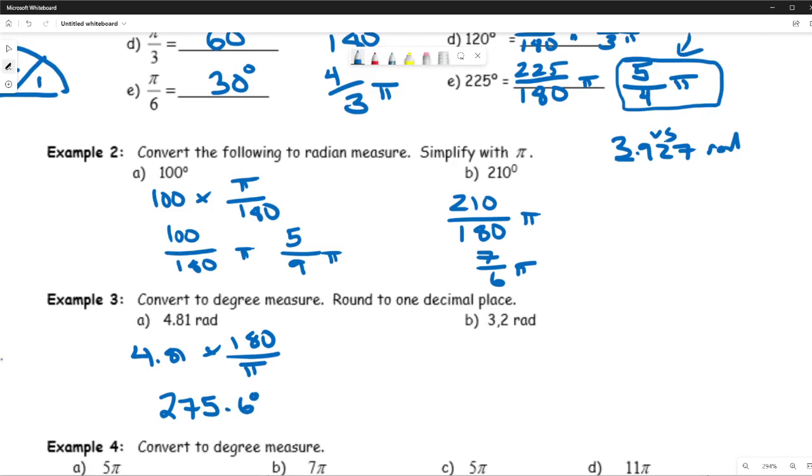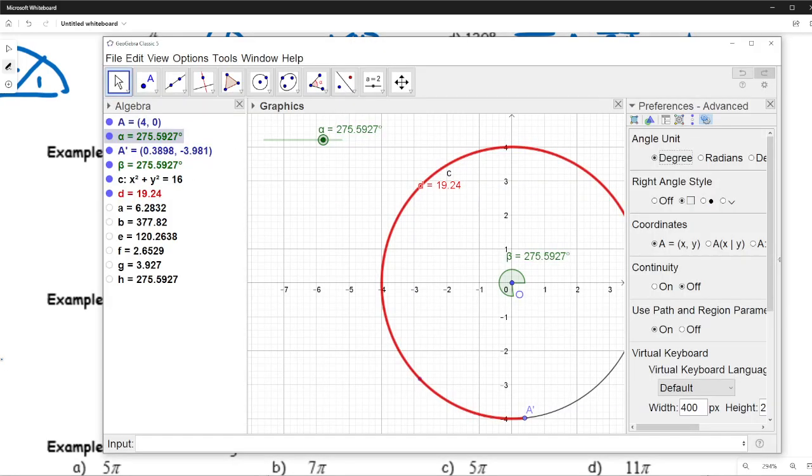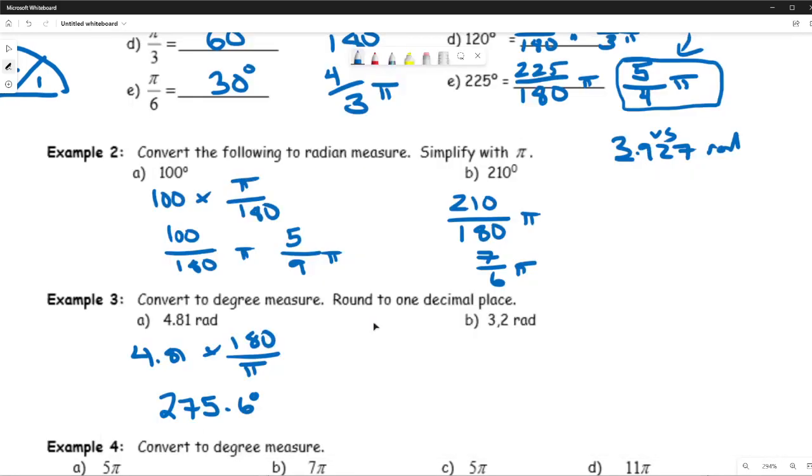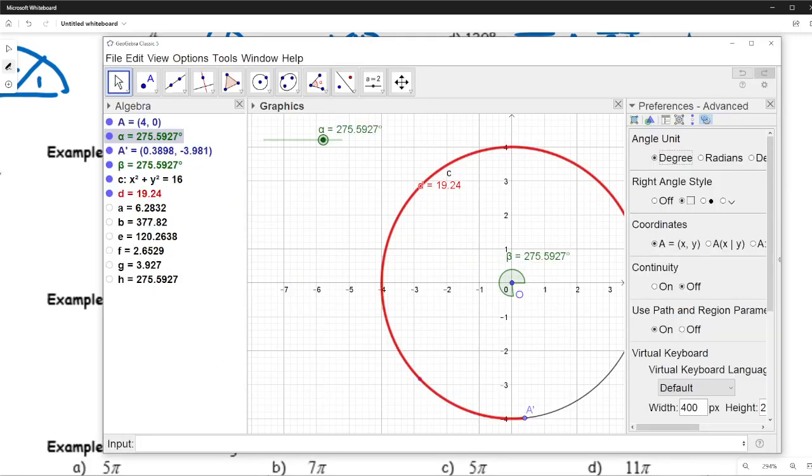3.2 rad. If you just think about where 3.2 rad is, remember, right here would be 3.14 rad. So 3.2 rad is going to be slightly bigger than 180, because 3.14 we know is 180. So 3.2, we'll just test it. To convert it, we're going to take 3.2, multiply by 180, and divide by pi, and we'll get the answer.